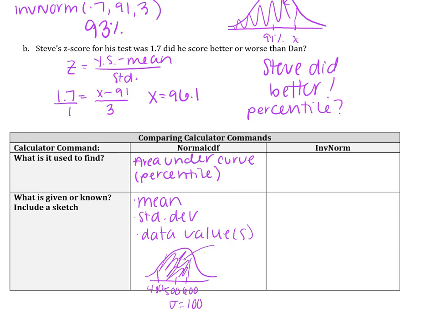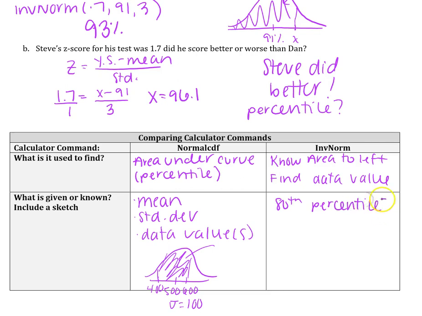Inverse norm is when you know the area and you're finding the data value. And I should say the area to the left. Find the data value. So maybe it's asking you the percentile. Maybe it's asking you where is the 80th percentile. So maybe, same idea, the mean on a test is 500 and you want to know what the 80th percentile is.